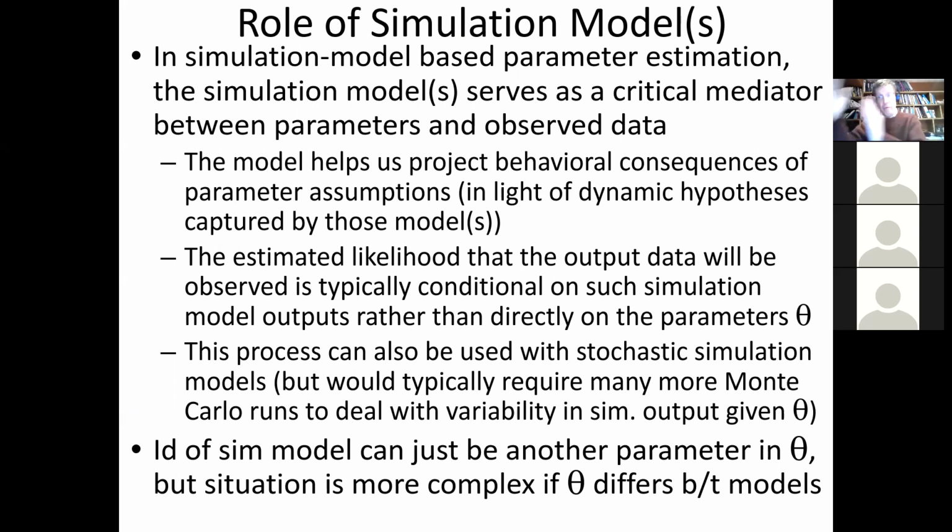We get a number of infective people over time from the model, and we can say, aha, we have a number of infected people from the model. We have a number of cases reported in the population. If we just have a probability of reporting, that's the other part of the theta, then we can assess the likelihood of observing this data in the world. And that's what allows us to sample in this way.